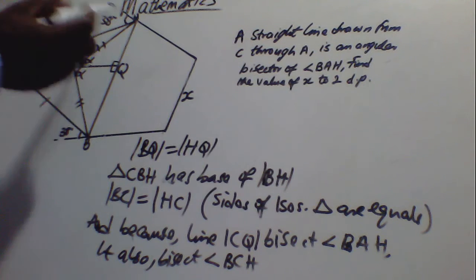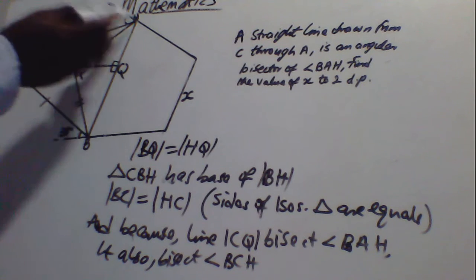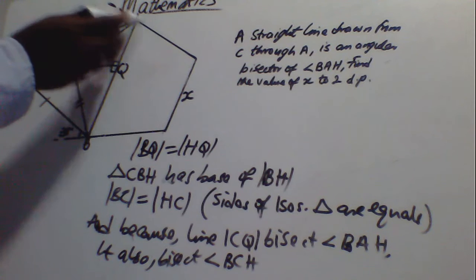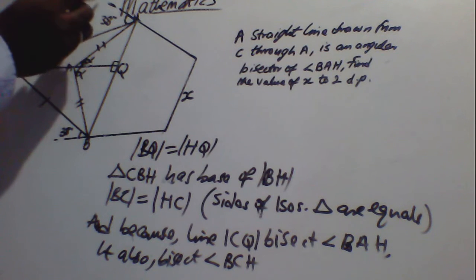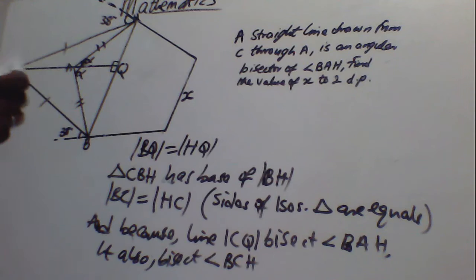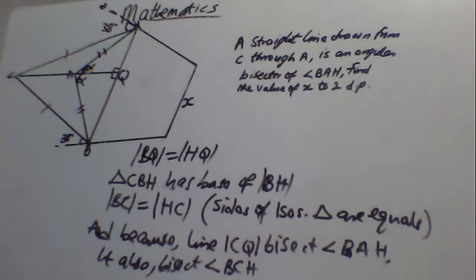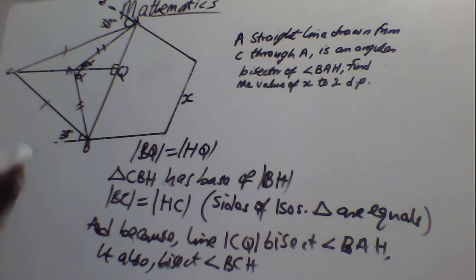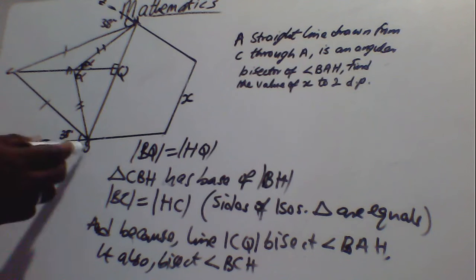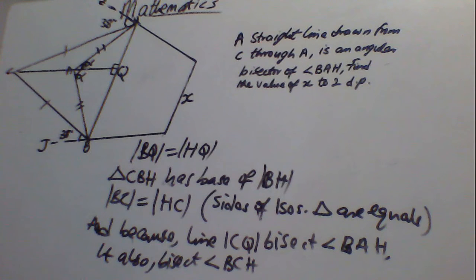If I draw it like this, and I draw here a straight line continuous, this angle here must be equal to angle, let's call it Z, so that ZHC must be equal to JBC. So I'm trying to tell you that CB is equal to CH.